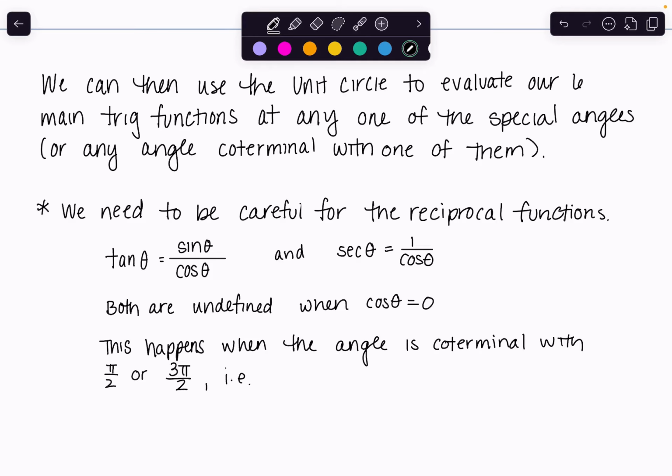So the easier way to think about this is it's going to be an issue when you have any odd multiple of pi over 2.